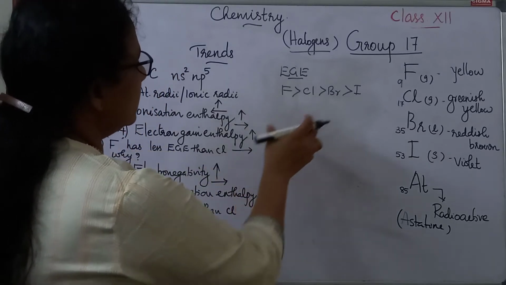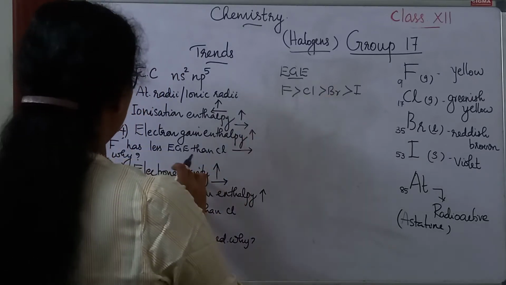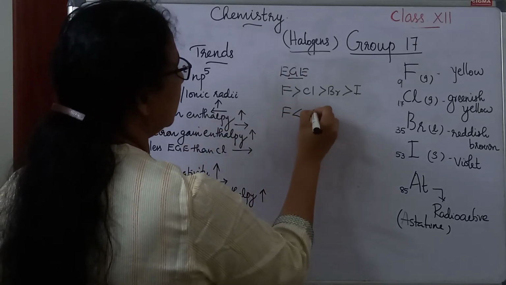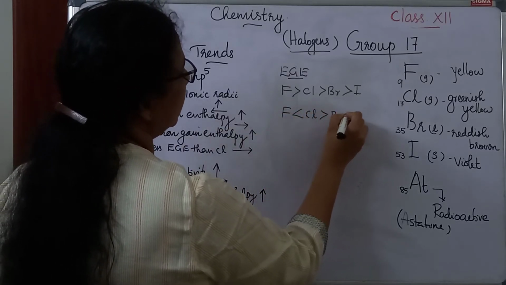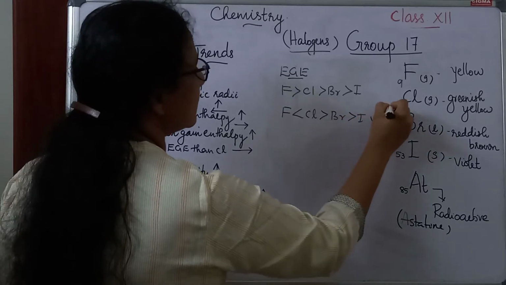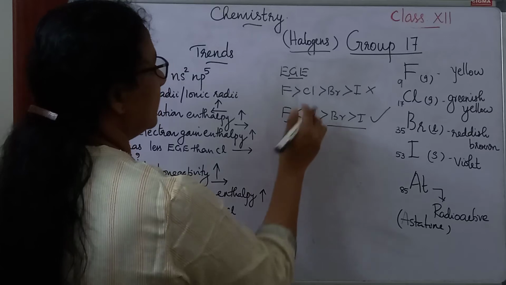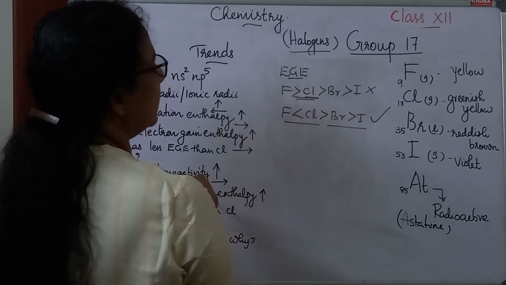But actually fluorine has less electron gain enthalpy than chlorine. Then comes bromine and iodine. So this is the actual trend. This is not the expected trend, that means there is an anomalous behavior here.